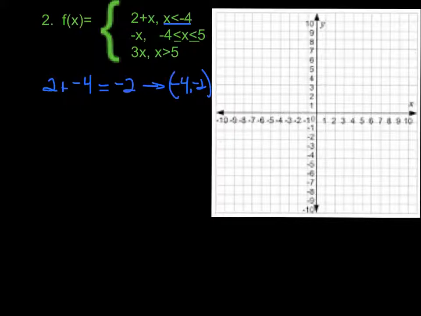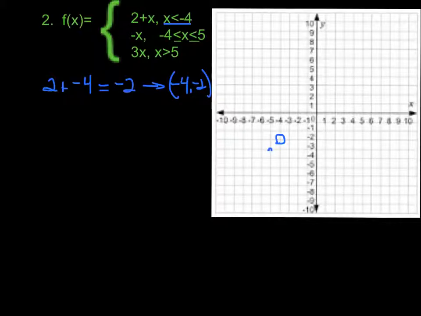Okay, now this is not including x equals -4. So when I get to -4, -2, I'm actually going to do an open circle. Okay, when we don't include the value, we always have an open circle. Now I know that the slope is +1, but I need to go to the left of -4 because I'm looking at values that are less than -4.